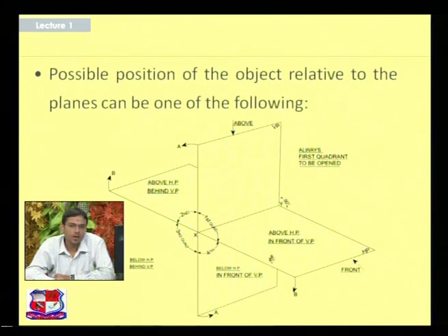Now when the object is kept in the first quadrant, the object is said to be above the horizontal plane. It is written above HP and in front of VP. So if the object is kept over here, it is above the horizontal plane, and in front of the vertical plane.